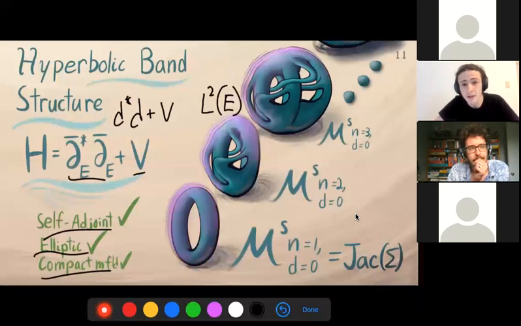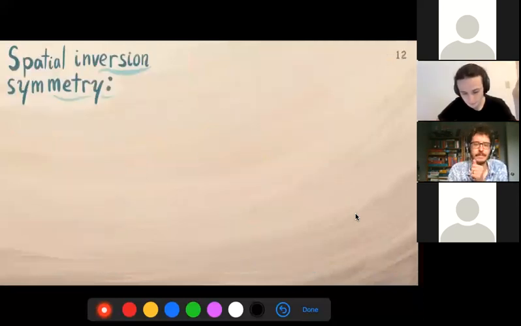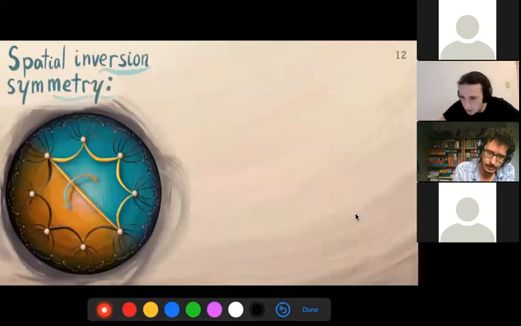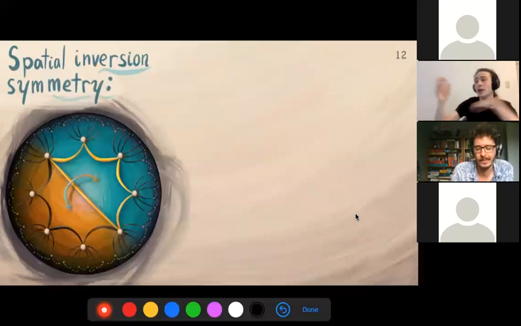Now I'm going to try to introduce Higgs bundles. I'm going to do this through a motivating example. So let's suppose we have a crystal with spatial inversion symmetry. What do I mean by this? Well, around any given point in hyperbolic space, you can have spatial inversion, which locally around that point just looks like multiplication by -1.